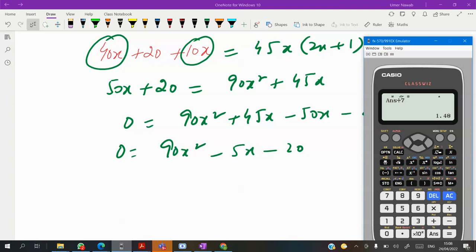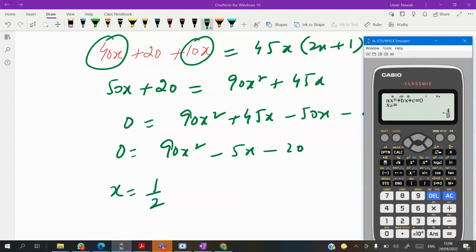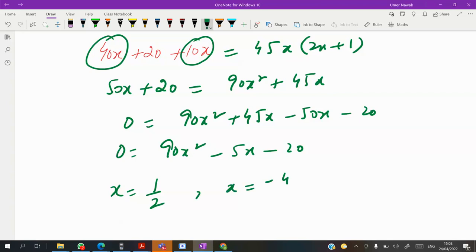Quadratic equation. 90 minus 5 minus 20. So 1 over 2. Second answer, minus 4 over 9.